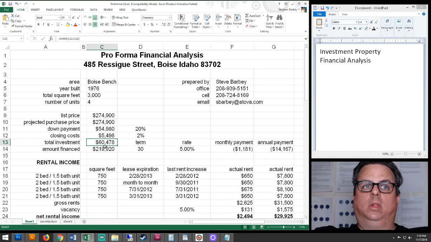When you click on the cell, you look up here and see whether it is an equation. If it starts with an equal sign, that's an equation, and you shouldn't mess with it. Leave it as is, because this is calculated based upon other inputs that have been added here by you.